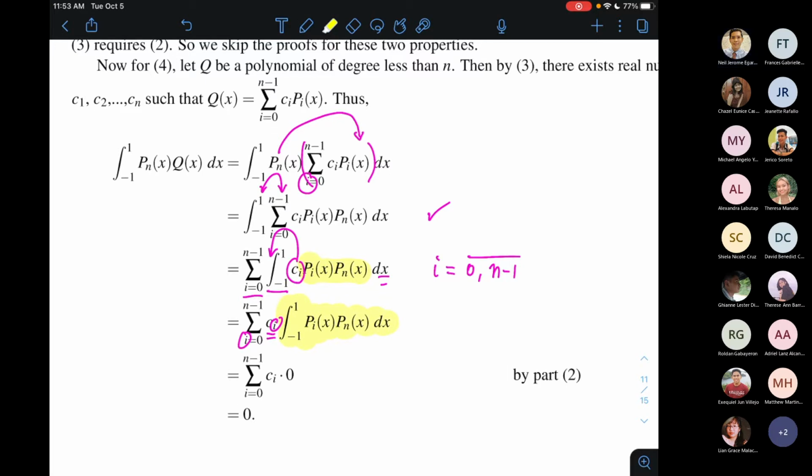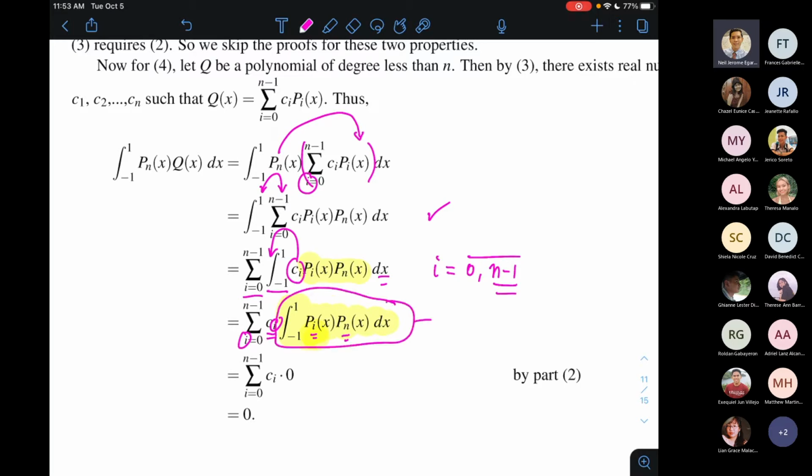Now, the nice thing about this form is nag-integrate lang tayo ng dalawang Legendre polynomials against each other. But what do we know? We know that i takes on values from 0 until n minus 1. So, ibig sabihin, si i, imposibleng maging equal kay n, kasi ang maximum value lang ni i ay n minus 1. Okay? So, ang sabi natin, orthogonal ang mga Legendre polynomials. That means the integral of a Legendre polynomial against another distinct Legendre polynomial is equal to 0.